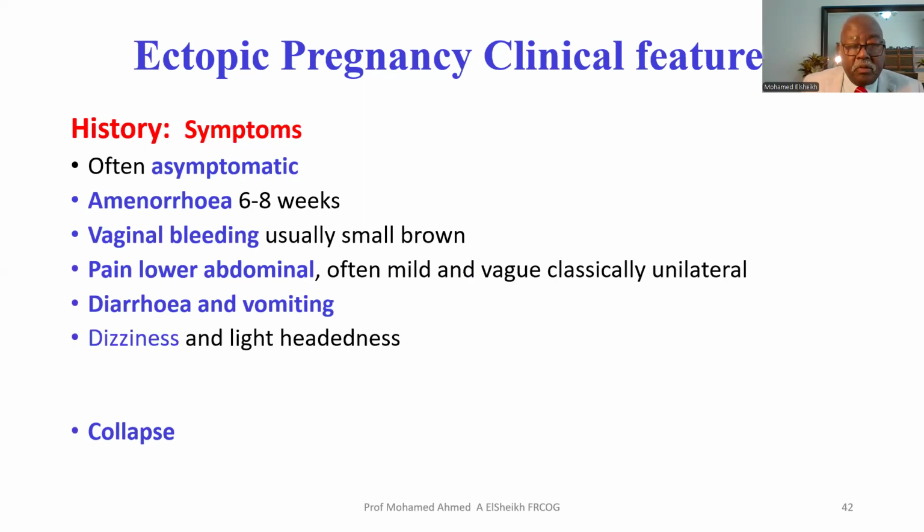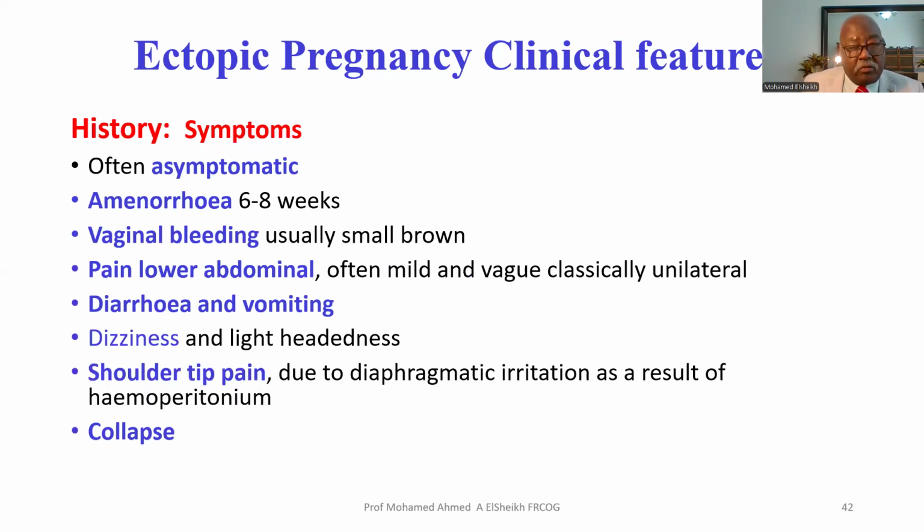Diarrhea and vomiting, dizziness and lightheadedness, and shoulder tip pain, in cases where the tubal pregnancy has ruptured, leading to hemoperitoneum, blood in the peritoneal cavity irritating the diaphragm, causing the shoulder tip pain. And the worst part of it is the collapse: severe bleeding, leading to internal hemorrhage, leading to collapse. So from often asymptomatic to the stage of collapse. This is the clinical picture.